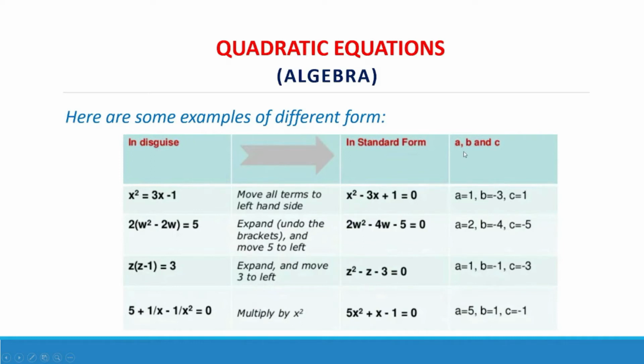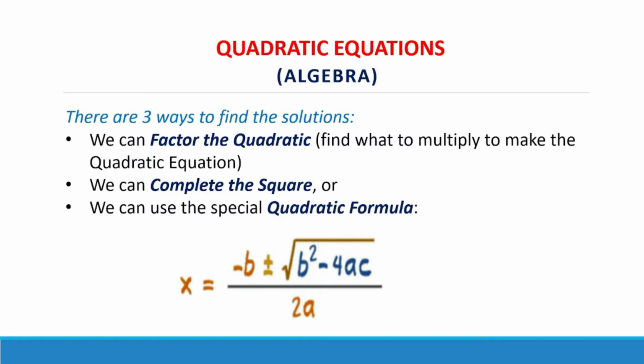And the quadratic coefficients a, b, and c are: a is equal to 5, b is equal to positive 1, and c is equal to negative 1. So these are examples of how to determine the values of a, b, and c in the standard form.